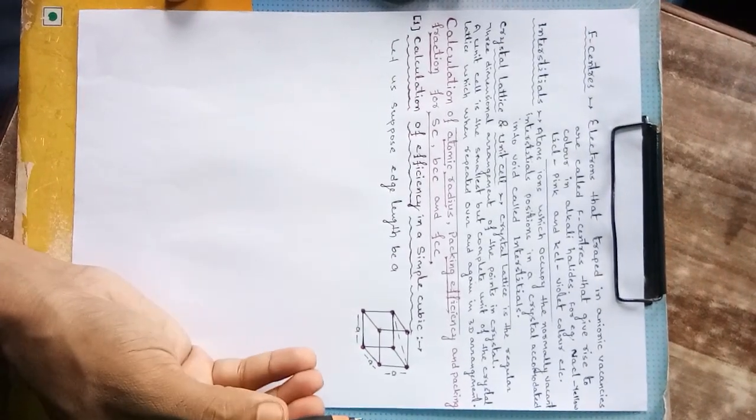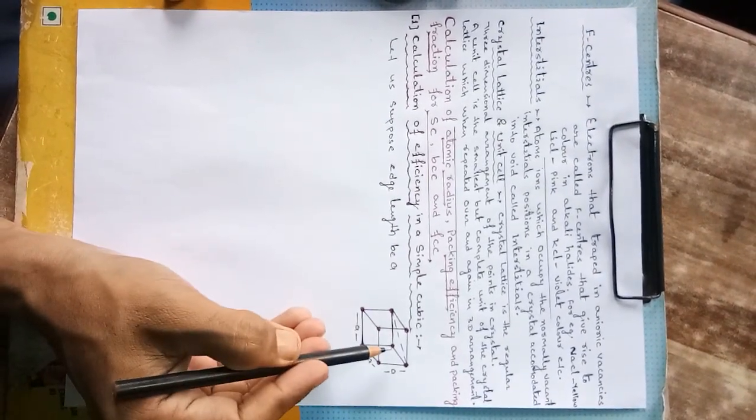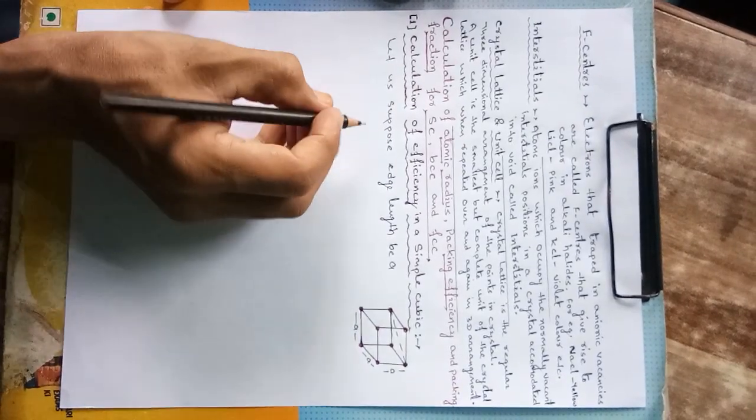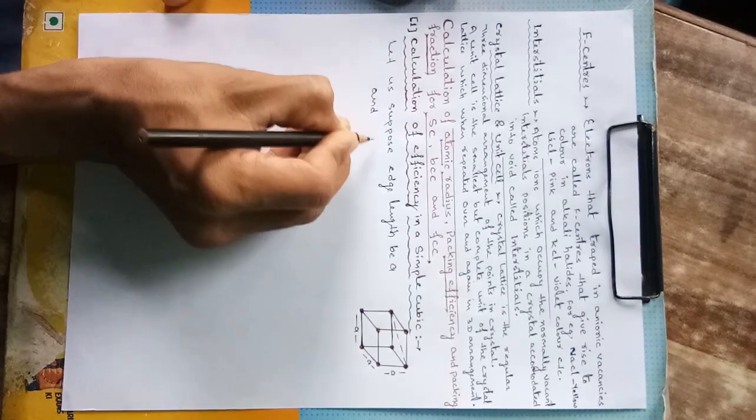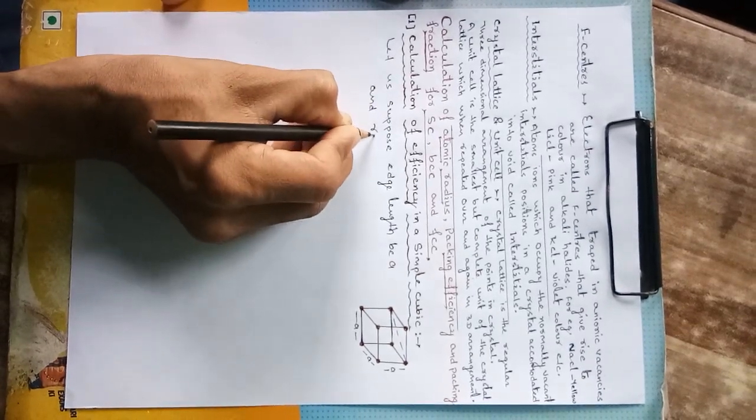Cubical edge length is the same everywhere, it would be the same. And the radius of the sphere.